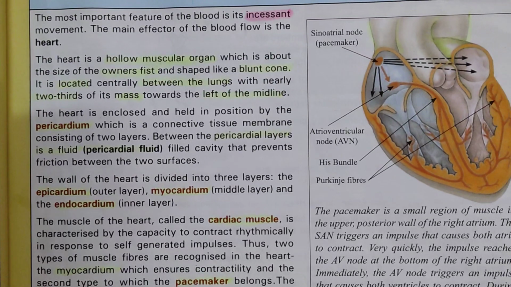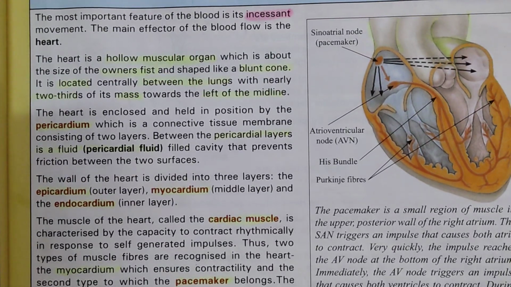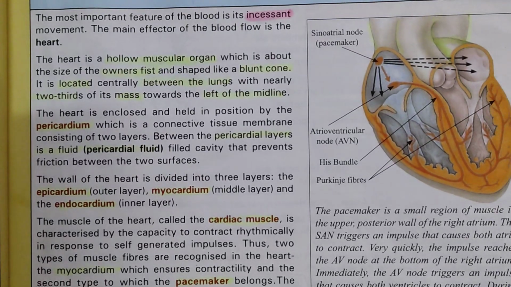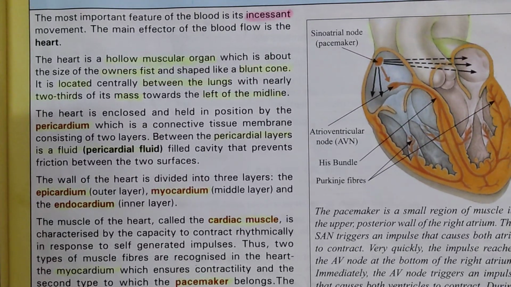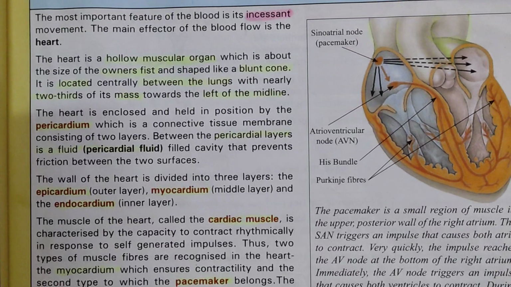The heart will be bigger so that it can pump more blood, and the circulation will be more. A bigger person will have a bigger heart so that more blood is pumped throughout the body. So that's why it is equal to the owner's fist.